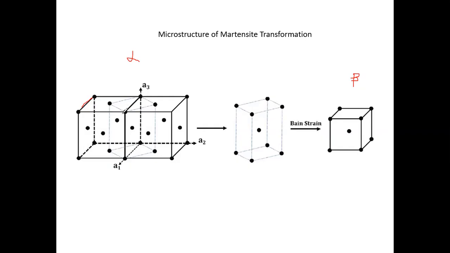Now, instead of looking at this cubic, what we do is focus on this plane, right? This particular plane, and this is one of the cubic surfaces, right? And we know that there's an atom right on the center of this plane. And then we look at this plane, which is defined by the two vertices.